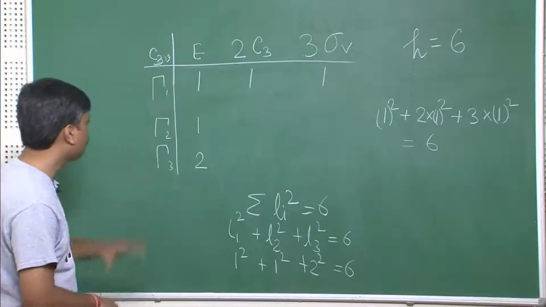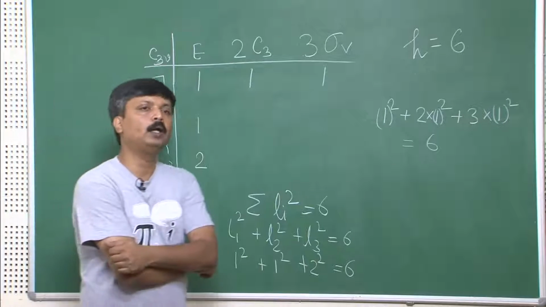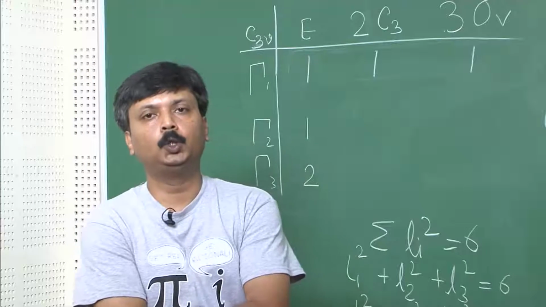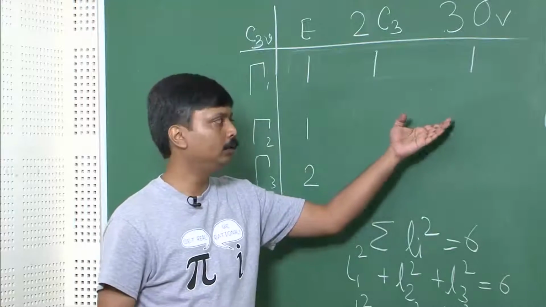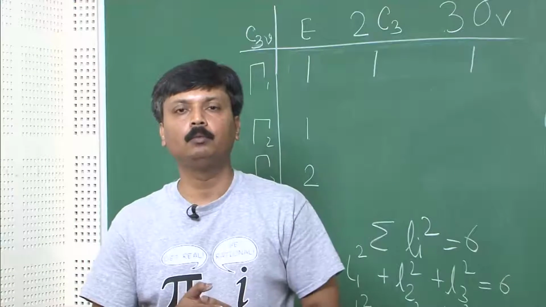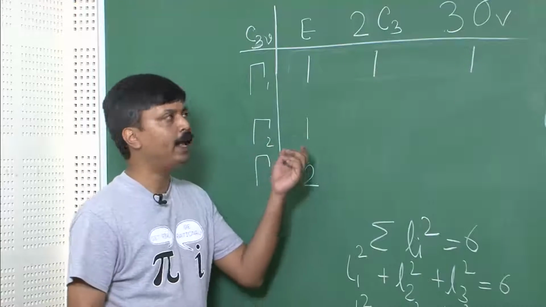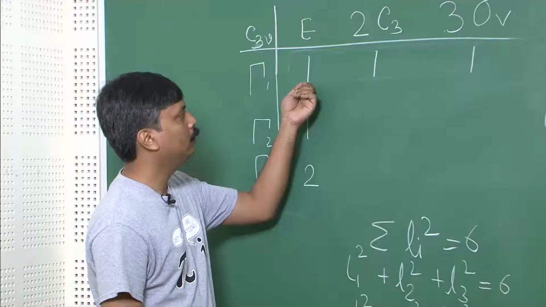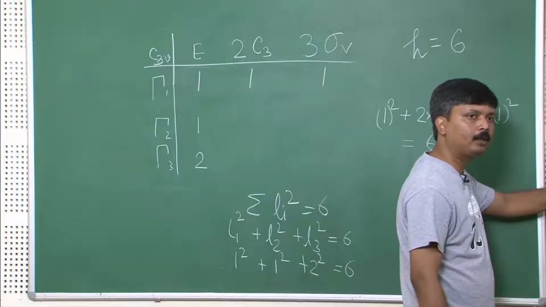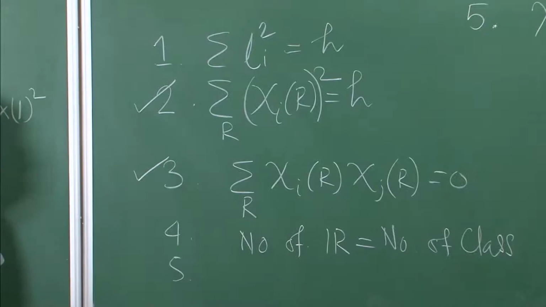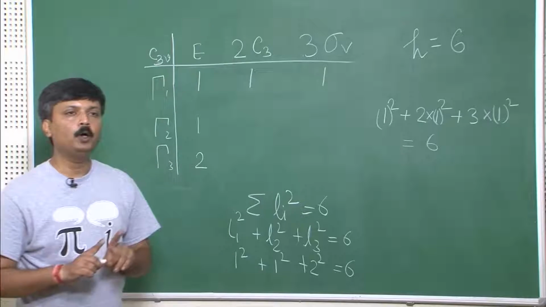Now, let us first worry about gamma 2. Gamma 2 is another one dimensional irreducible representation. So, that means all the characters of the representation will also be 1 in magnitude. In that case, I have to satisfy condition 3 here, okay. Any two irreducible representations of the point group will be orthogonal to each other.